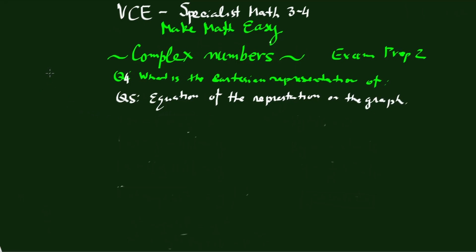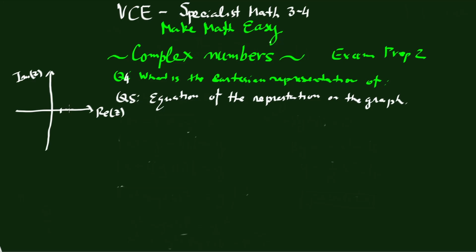So say this is our graph. This is our real part of z and our imaginary part of z.